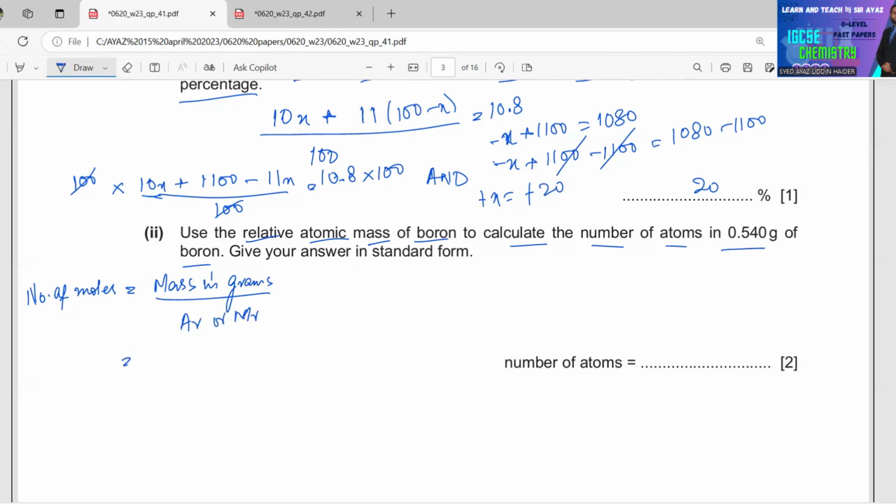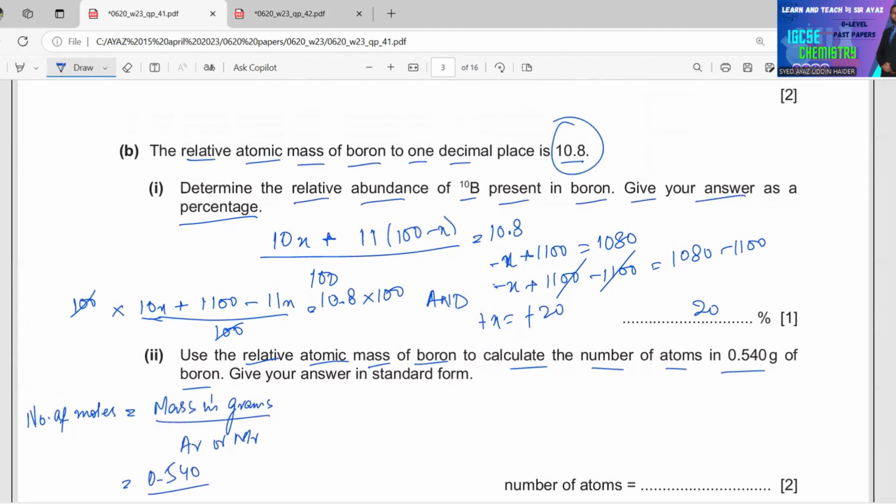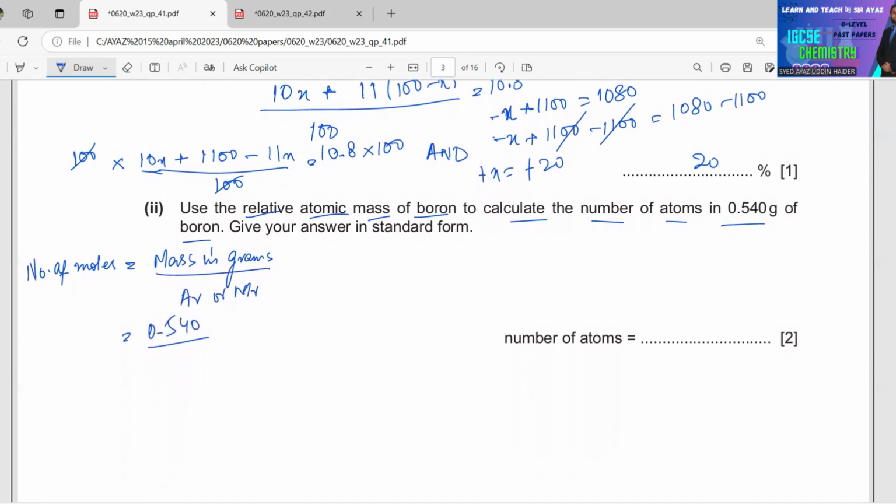So the mass is given, which is 0.50, and it will be divided by AR, which is given here, 10.8. So 0.50 divided by 10.8. These will be the number of moles, 0.05 moles.